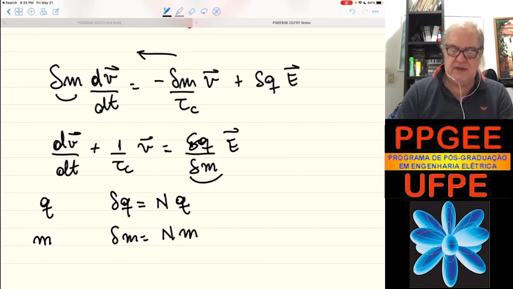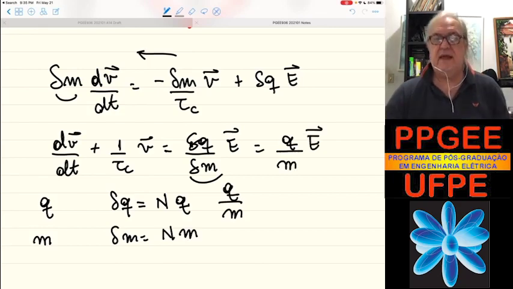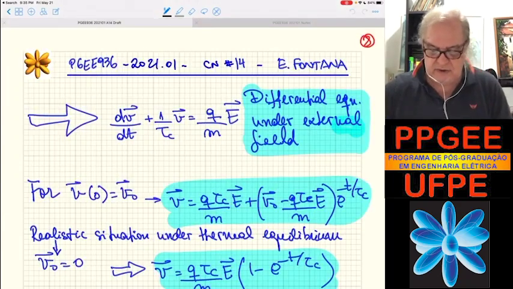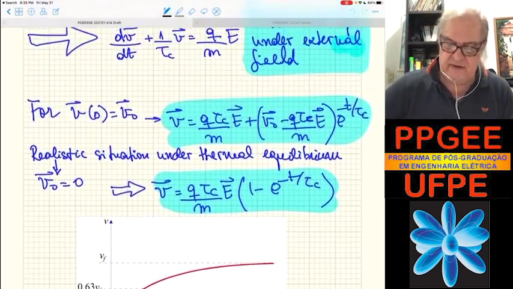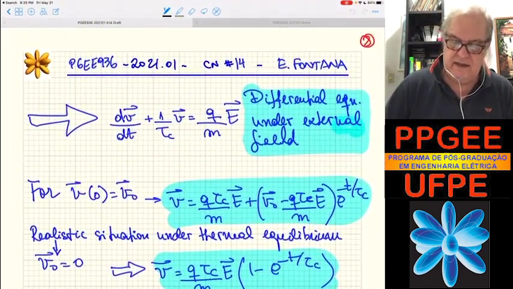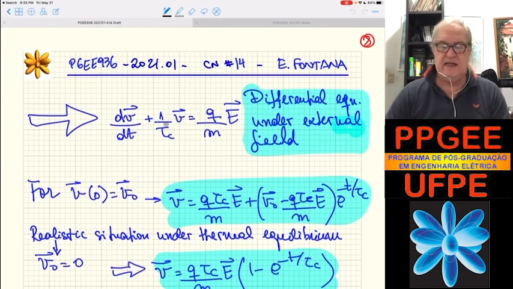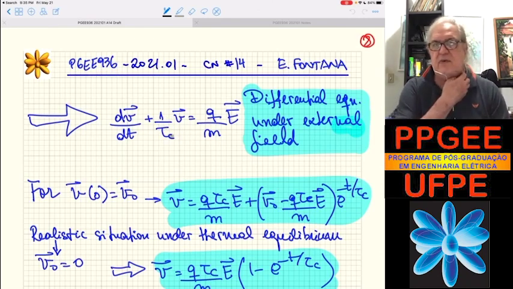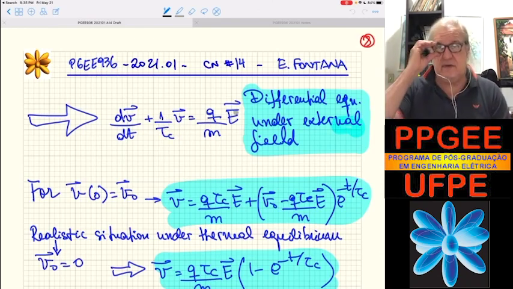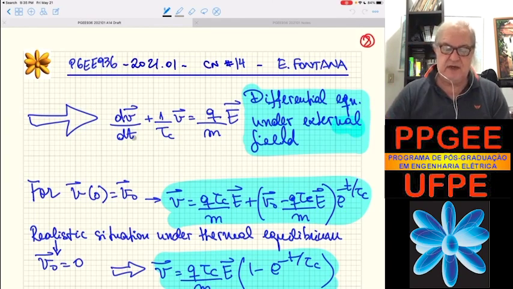So the ratio equals q over m. That's why we get that relation there, q over m times E. So the equation of motion of the system of free carriers that suffer collisions with a typical collision time tau c under the action of an electric field is given by this expression.